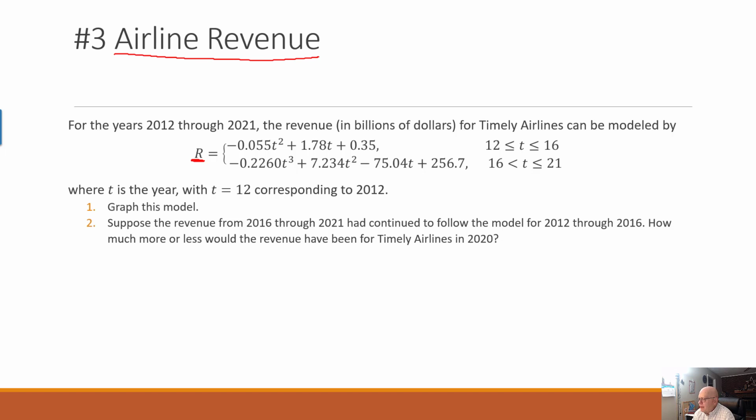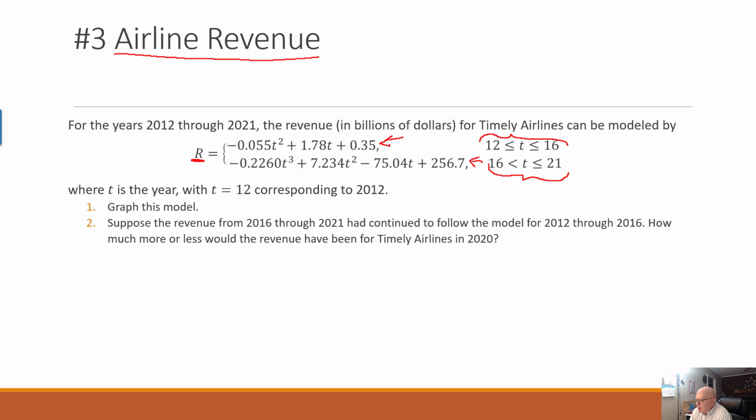And you've got it split into 2 different time intervals, from 2012 to 2016, this is your model. From 2016 to 2021, this is your model. T is going to represent the year, where T equals 12 represents 2012.